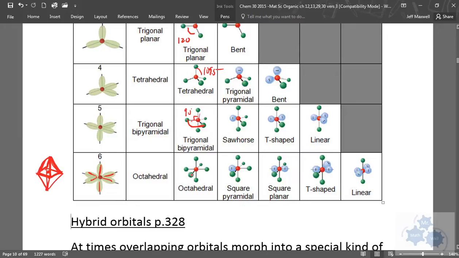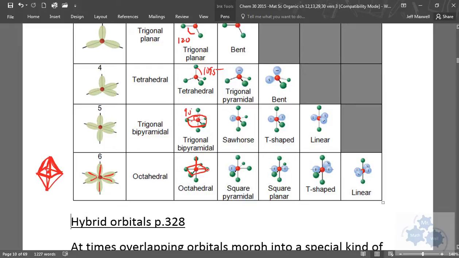I'm going to let you think about that. In this one there are 3 in this plane, and in this one there are 4 in this plane, right? Anyways, between the ones in the same plane, it looks like it's going to be 90.